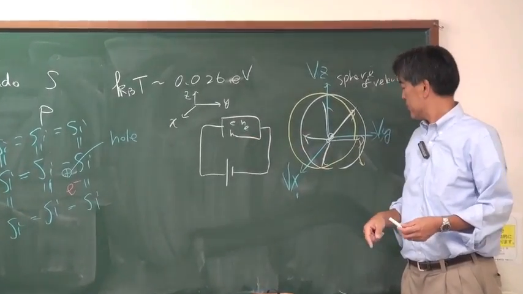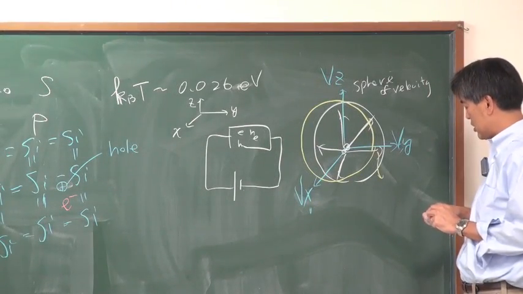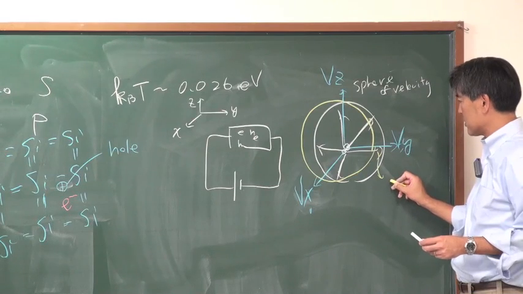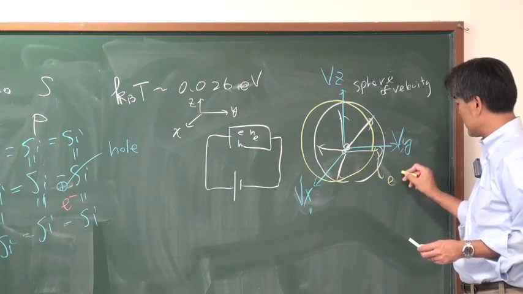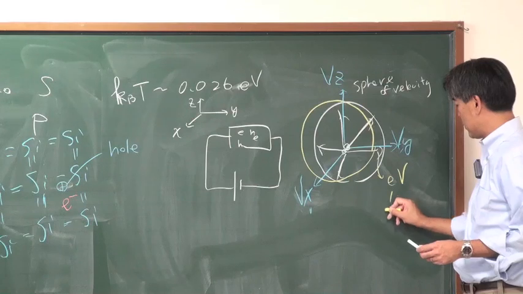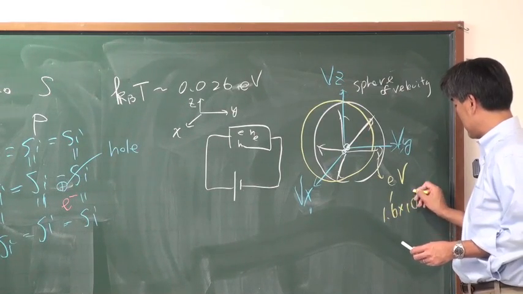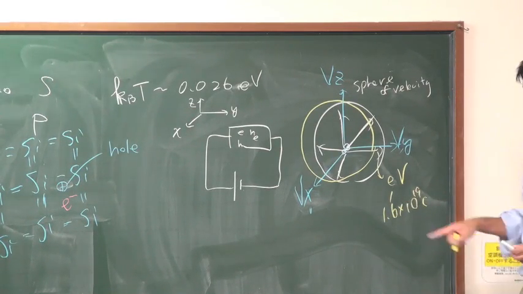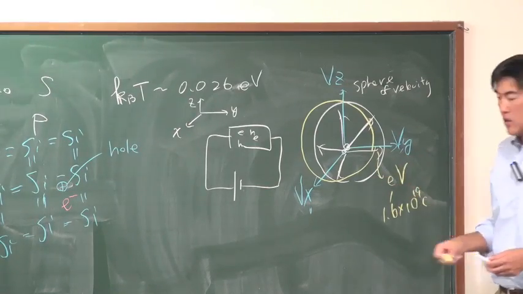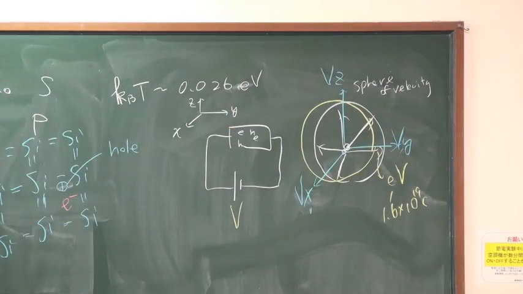Velocity shifts this way. And such a shift is approximately given by qV, so this is 1.6 times 10 to the minus 19 coulomb, charge of electron, times applied voltage. So the velocity is slightly shifted to the minus y direction, and this is how carriers, or electrons generated by energy, actually make current go through the single crystal of silicon.